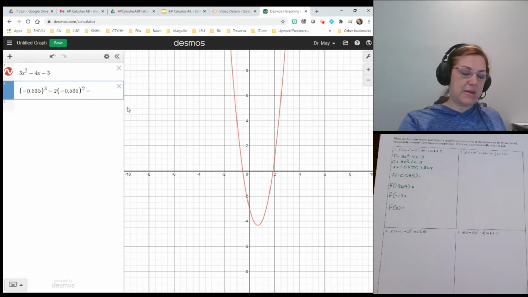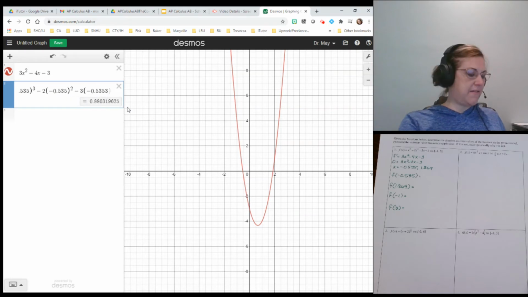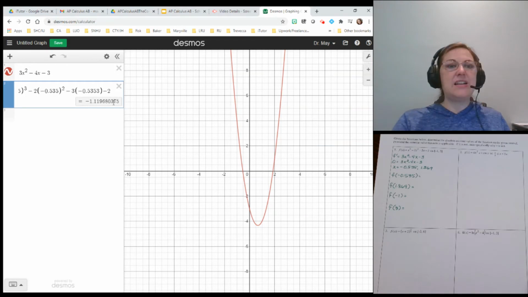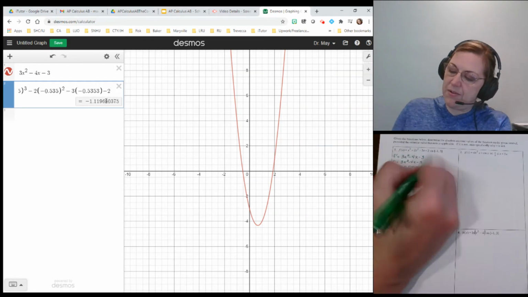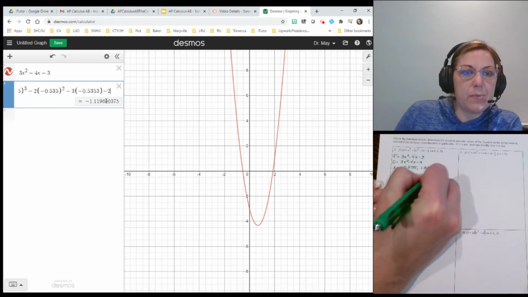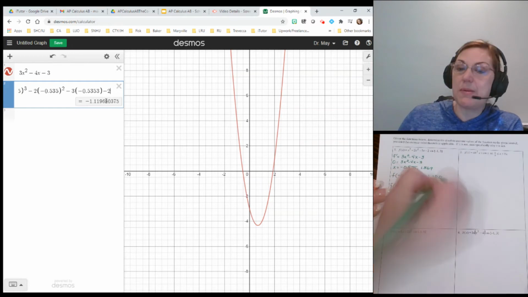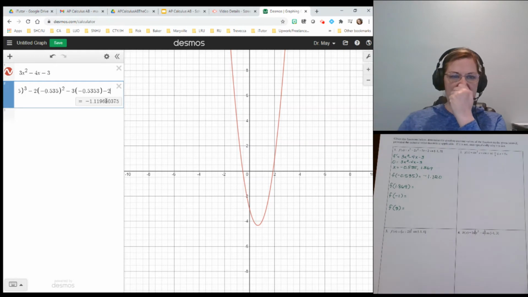Then I've got minus 3 times negative 0.535, and then minus 2. And see the beauty right there is that Desmos gives me that value. I've got negative 1.120. Remember, 3 decimal places for AP.